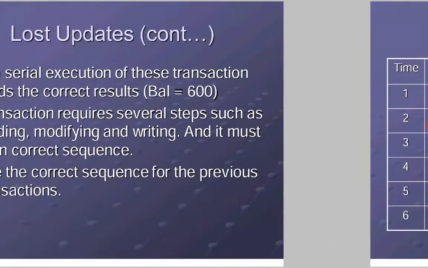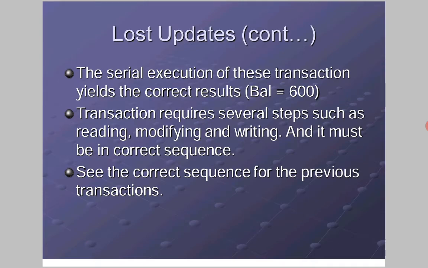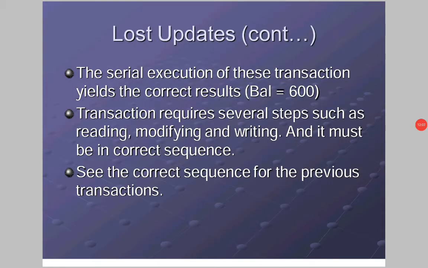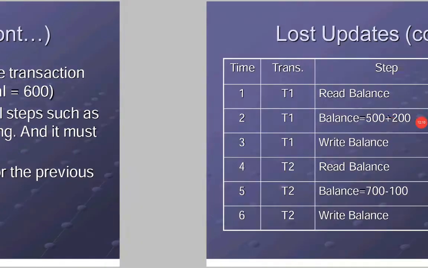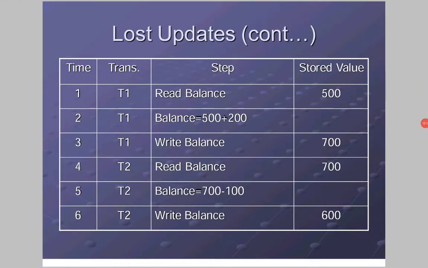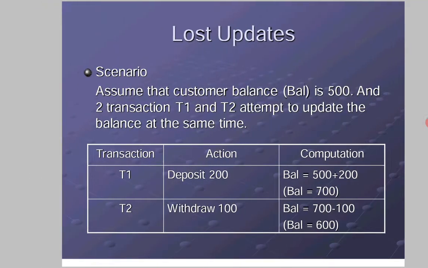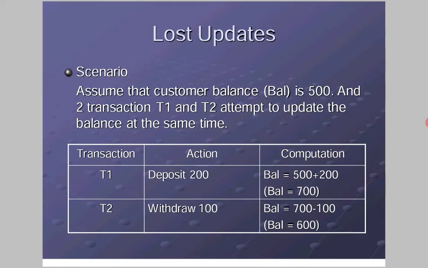The first step is reading the database records. The second is modifying the records or database. The third is writing. So this is the sequence, and it shows the balance is 700. But what is the correct output of this transaction?